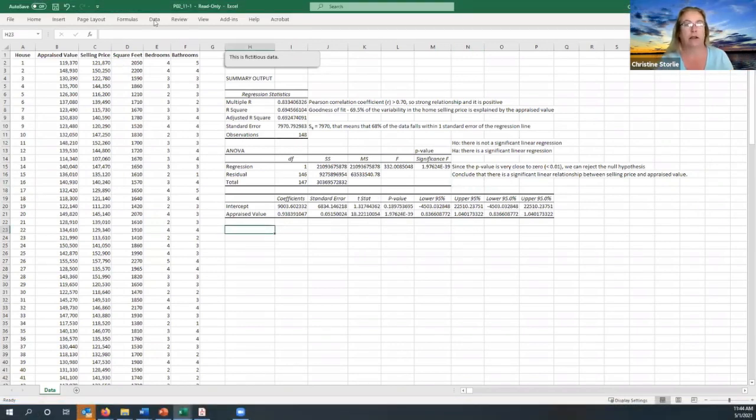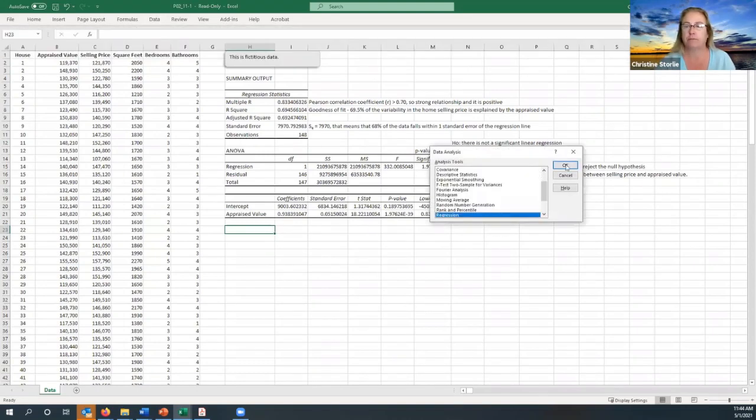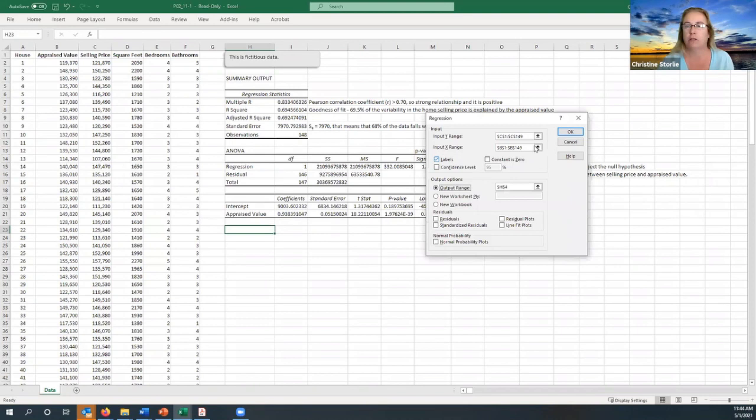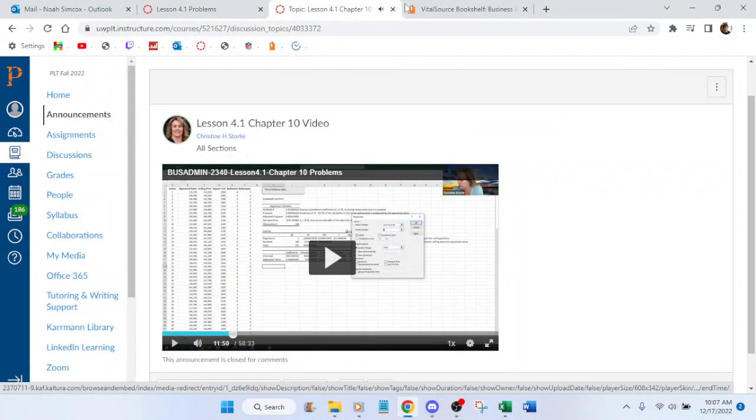Now it's a matter of going back in and running a bunch of additional analyses, just switching out variables. So we've done everything in the problem except for the last part.